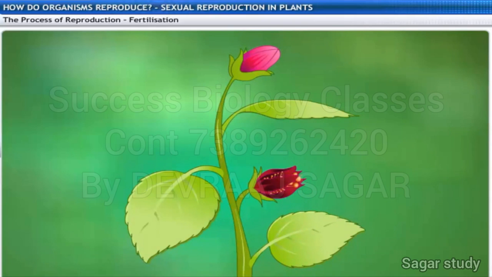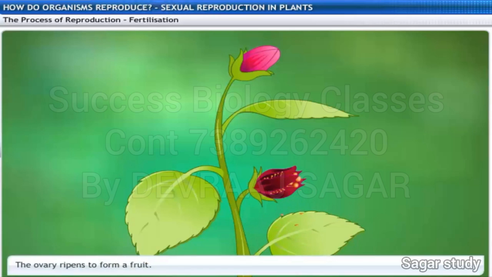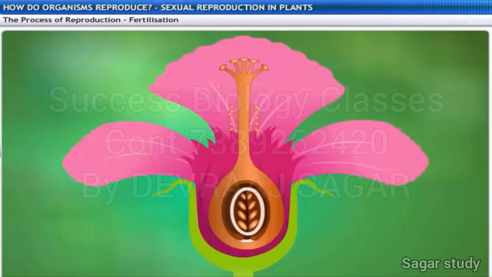But the seed is not available to us just yet. It is enclosed in the ovary that grows rapidly and ripens to form a fruit. In this process, the petals, sepals, stamens, style and stigma may shrivel and fall off.